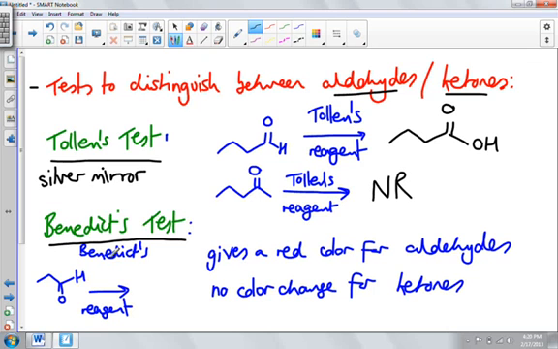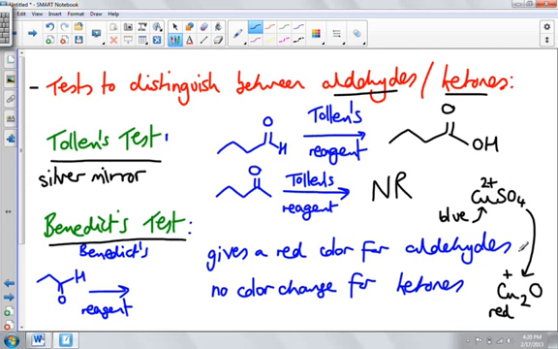The Benedict's test contains a solution of copper sulfate, and during the process that copper gets converted to copper oxide. So this is copper 2+, this is copper 1+. The copper gets reduced, and this is what's red. This was originally blue.